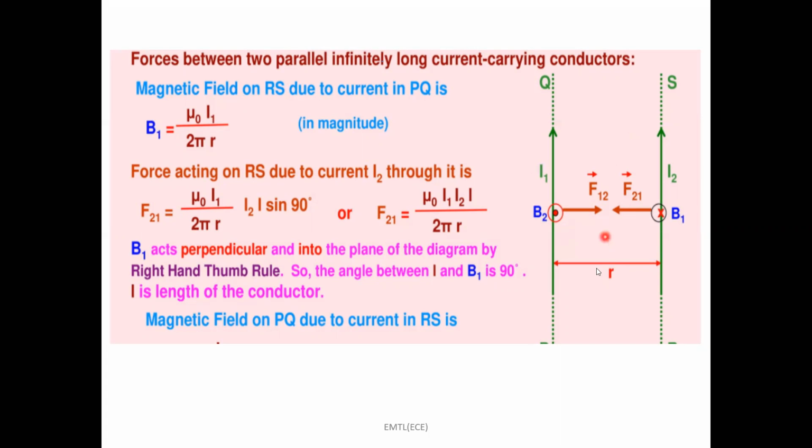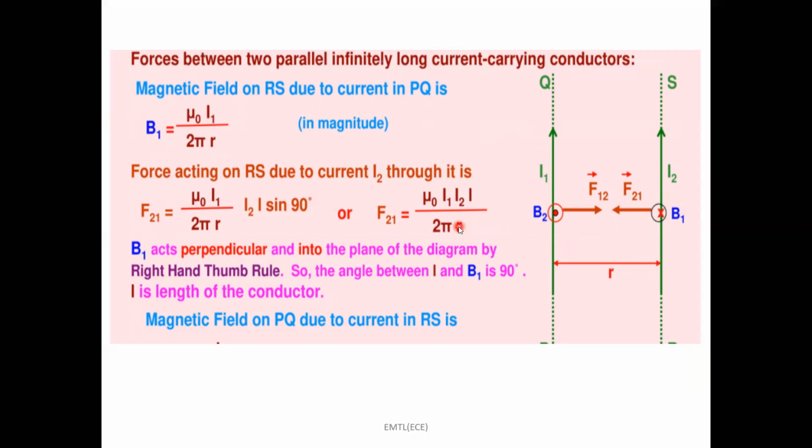So when you observe this figure, the impact of current passed through Q is on S. In a similar manner, the current passed through the conductor S impacts Q. So the magnetic field on RS due to current in PQ is expressed as, that means here the B1 magnetic field is developed due to this PQ conductor.